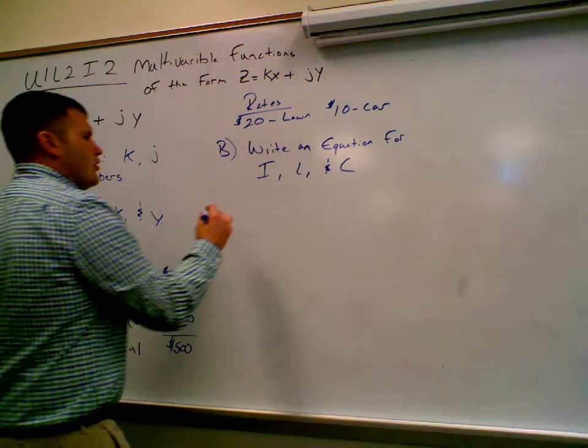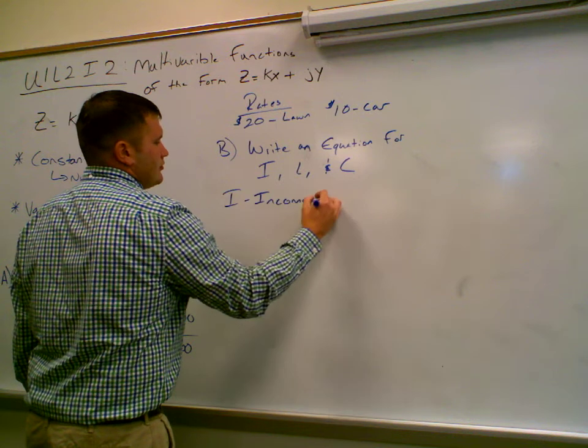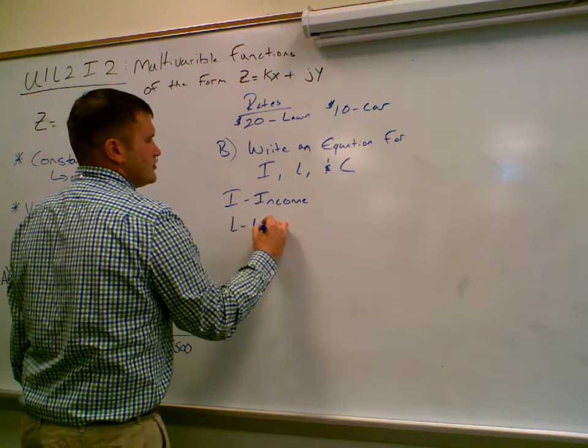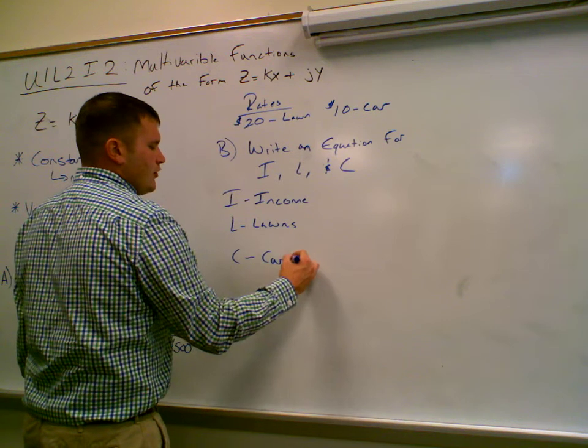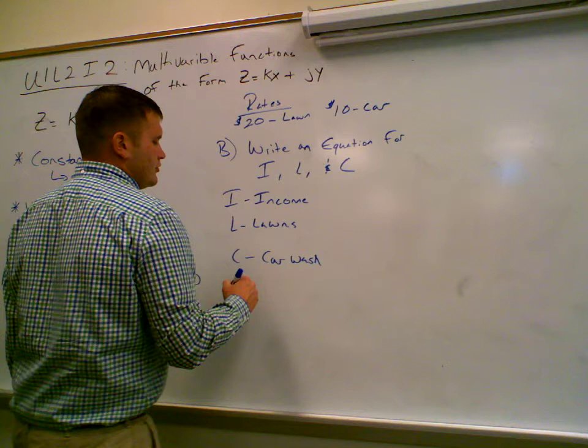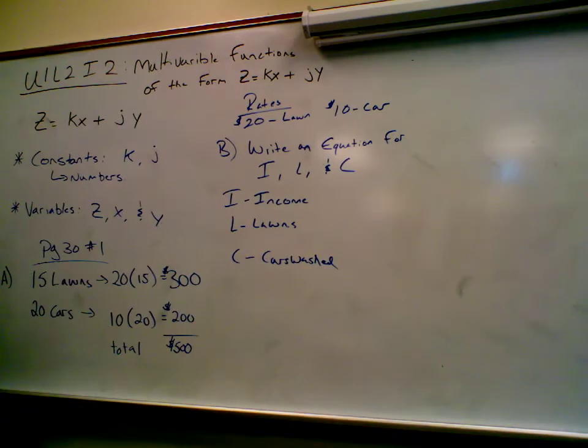Income. So I is income. What's L? Lawns. And what's C? Cars washed, right? So we need to write an equation for this.